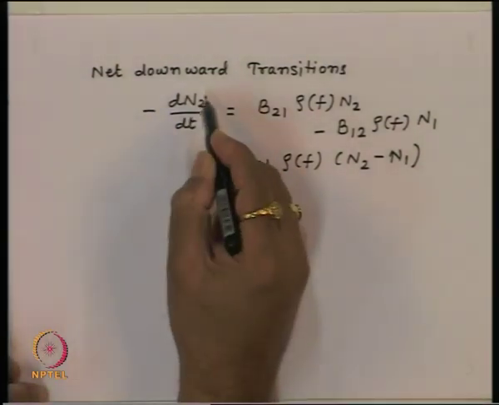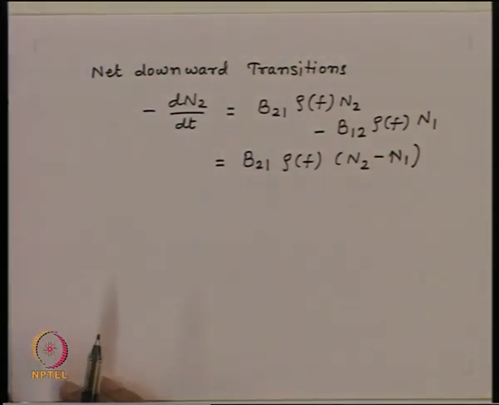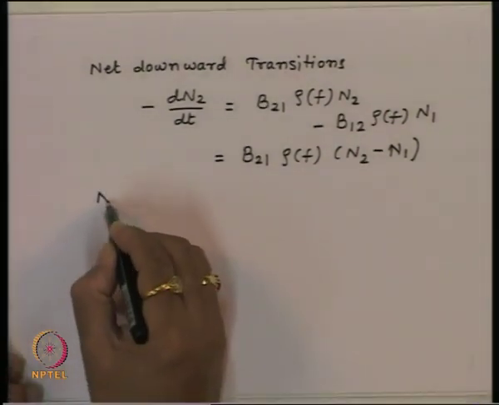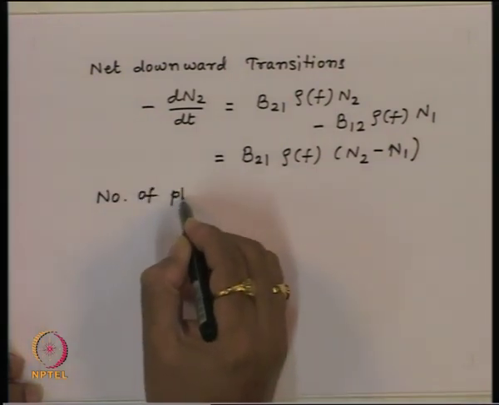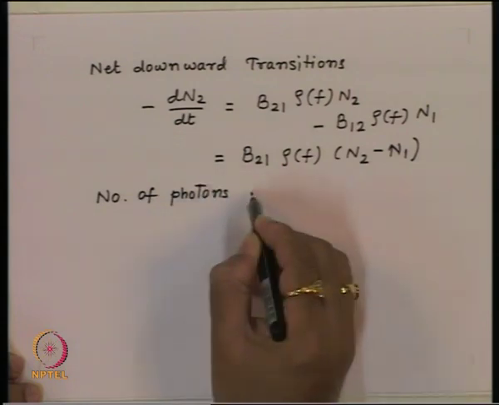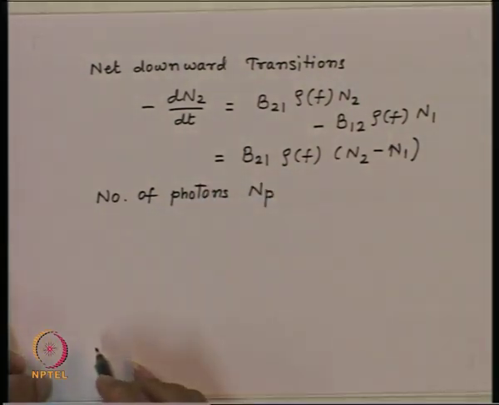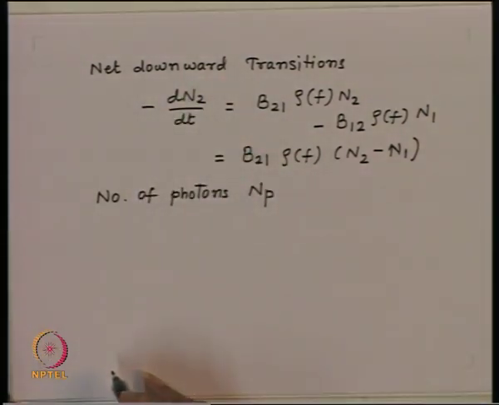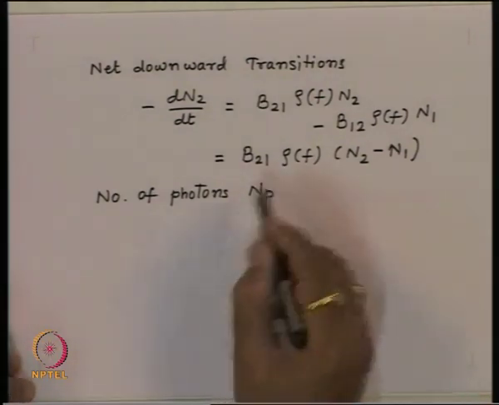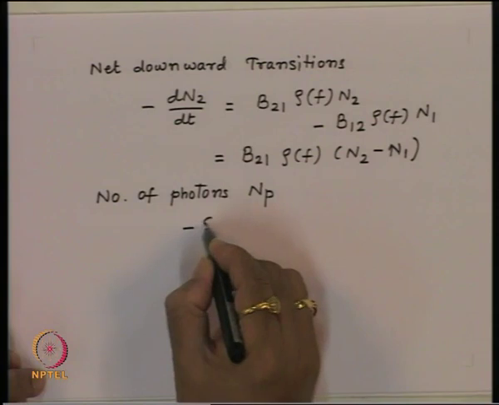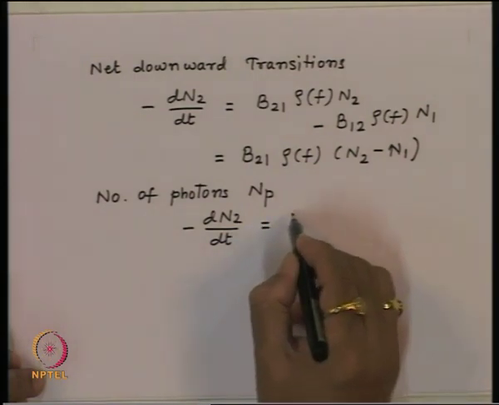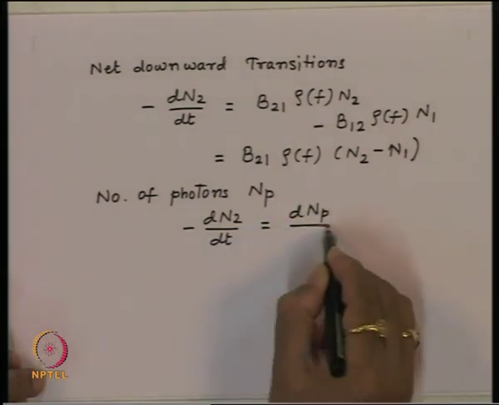Now, each transition which is going to take place, which is downwards, is going to give one photon out. So, if I say that the number of photons are given by Np, then the downward transition rate of electrons will be equal to the photon generation rate. So, that means minus dN2 by dt will be equal to dNp by dt.